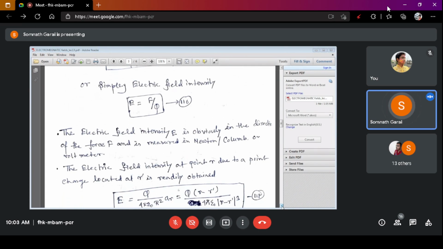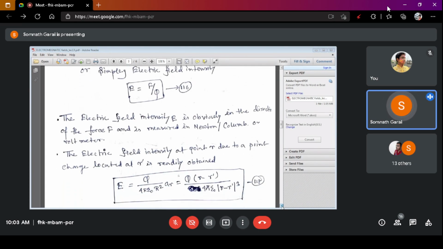Now, if we define the electric field intensity in vector form, because every force has a direction, how can we represent it?